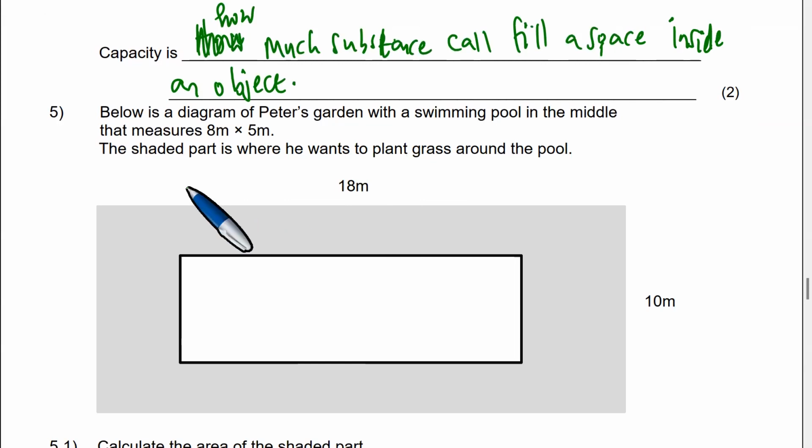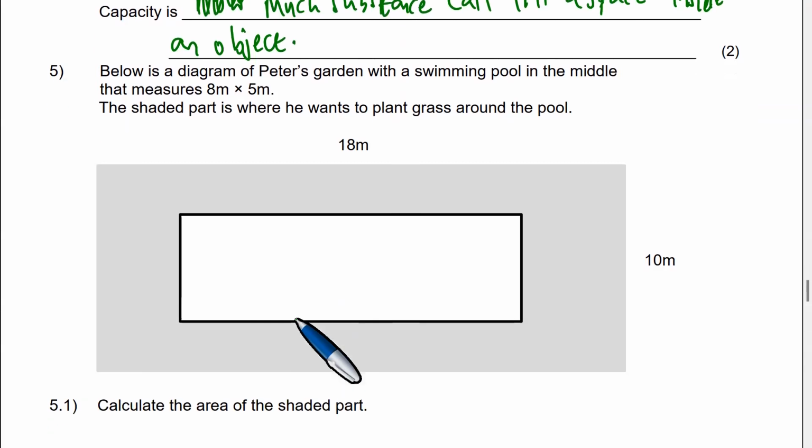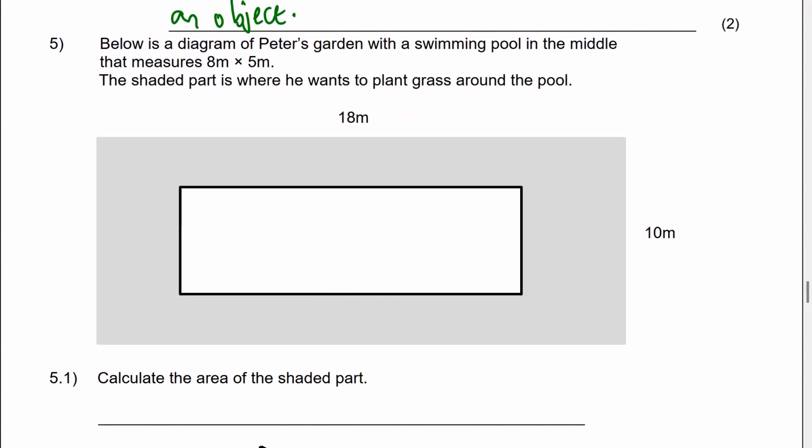So we have a swimming pool in the middle with those dimensions, 8 meters by 5. He wants to plant some grass around the pool. Calculate the area of the shaded part.